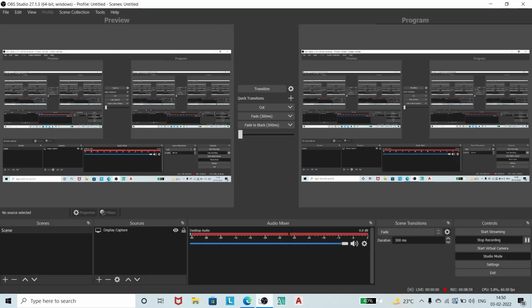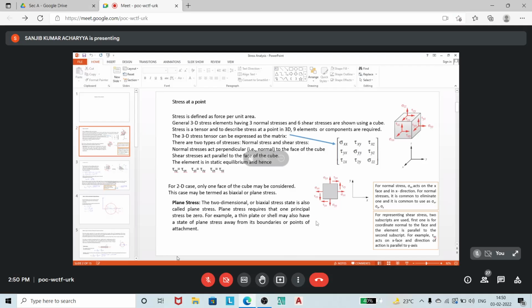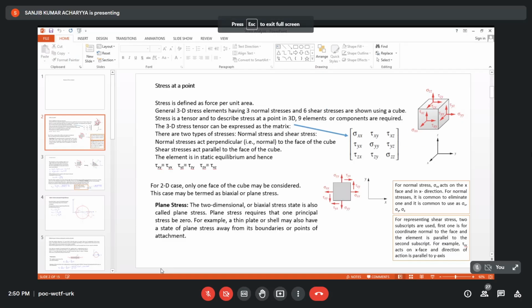So we can start from a general idea, semi-general, because whenever a member is subjected to loading, every member is actually a three-dimensional existence.